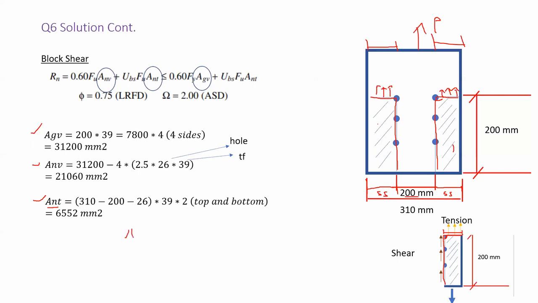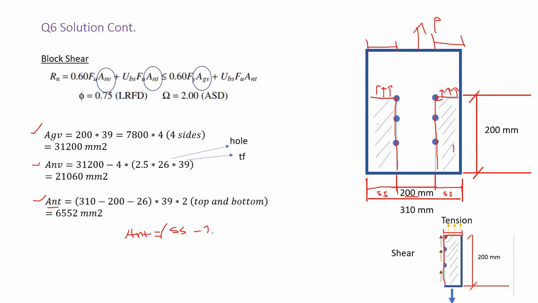Now I'll write the equation again. A and T is equal to 55 multiplied by, okay, before we multiply, we have to take into consideration that we have a loss of half bolt here, half bolt there. So it's actually one bolt.